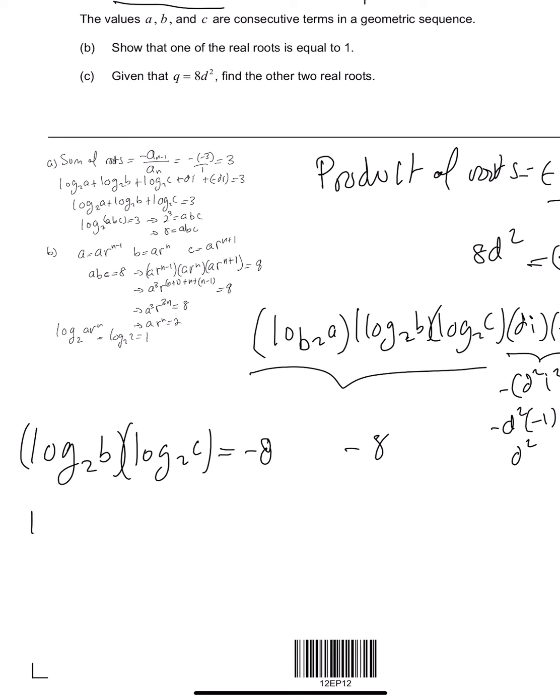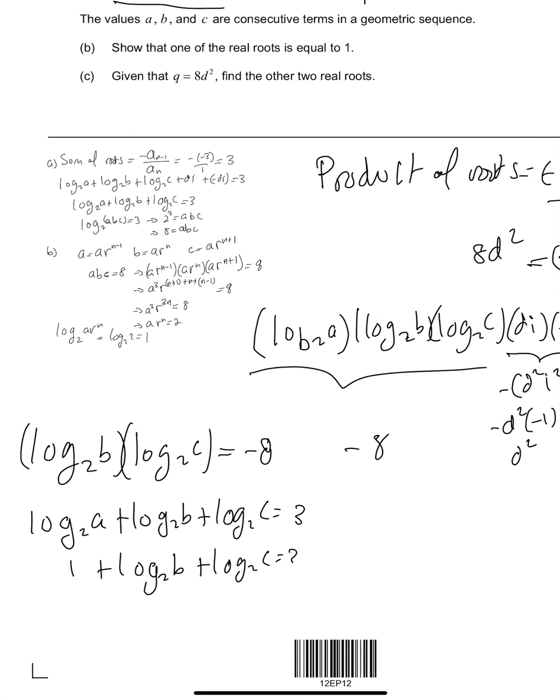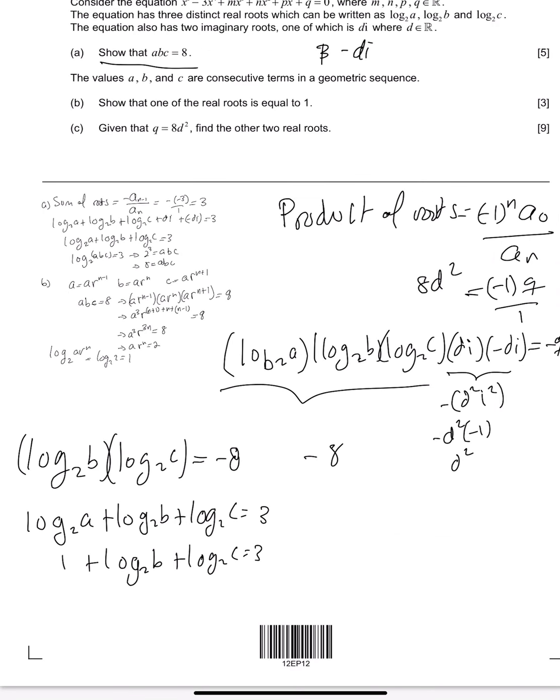So log base 2 of a plus log base 2 of b plus log base 2 of c is equal to 3. I'm going to choose this one. Okay. So that means that it's equal to 2.